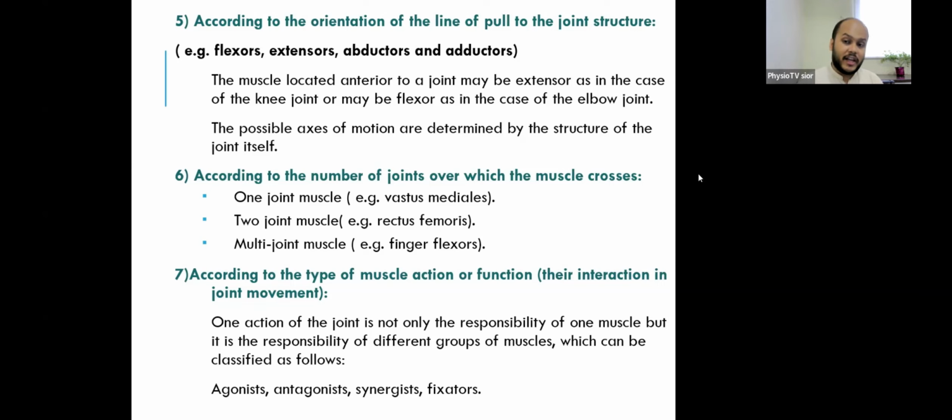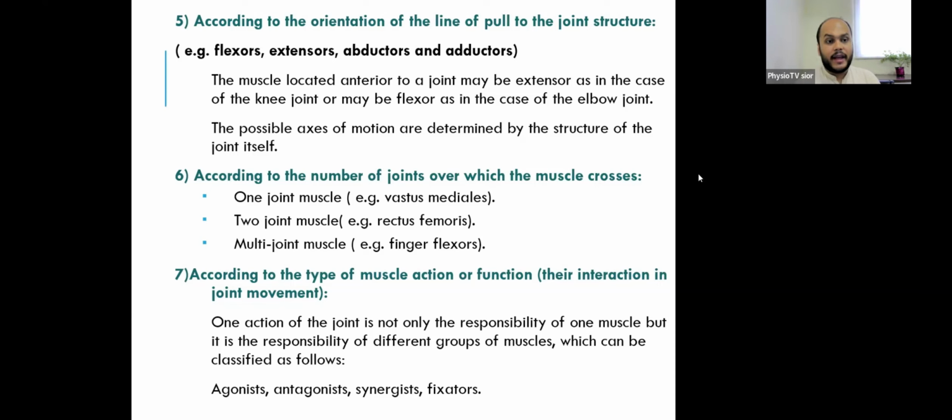Now this can change slightly, because the anterior aspect of the knee joint has the extensors, whereas the posterior aspect has the flexors. It's exactly reversed in the upper extremity. In the anatomical position, the anterior aspect has the long flexors of the wrist and the fingers, and the extensors are on the posterior aspect.